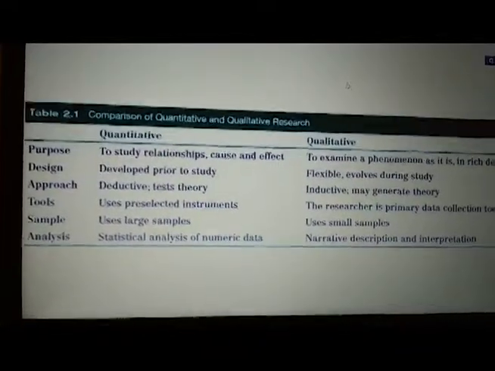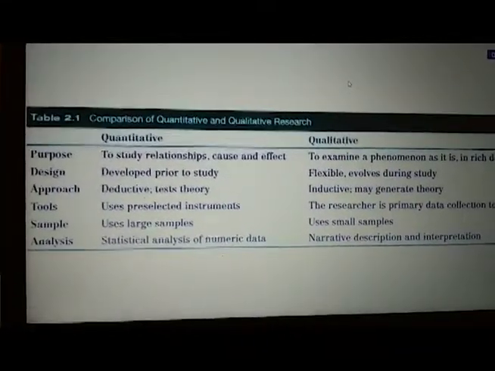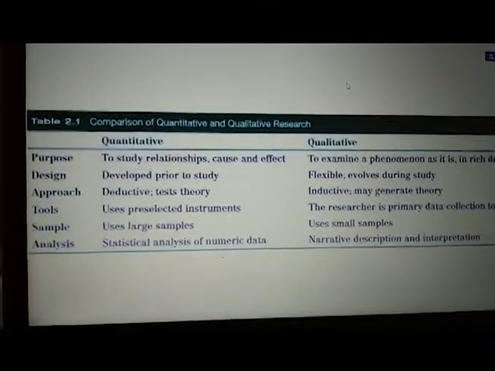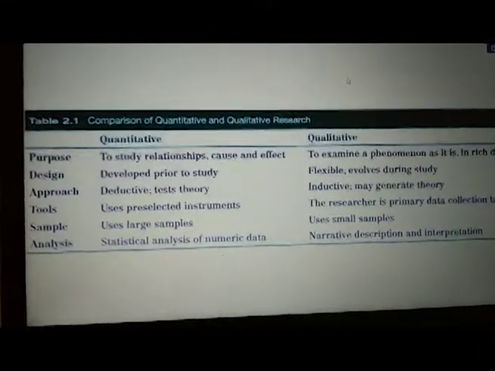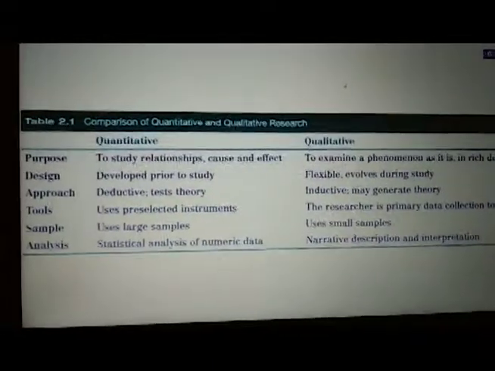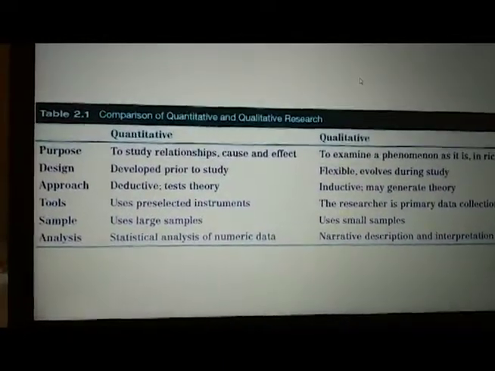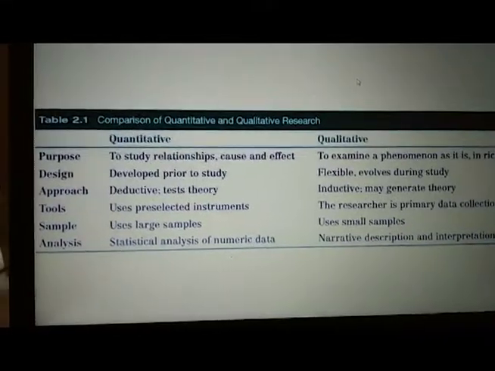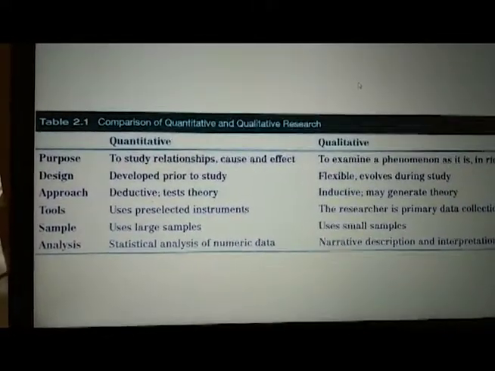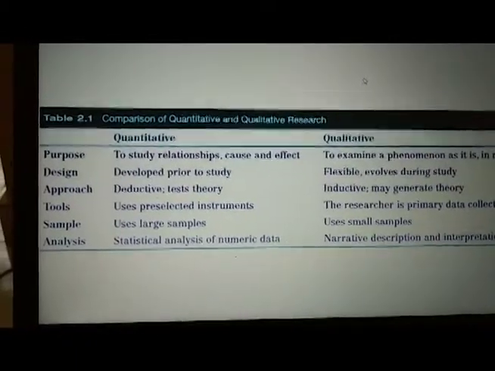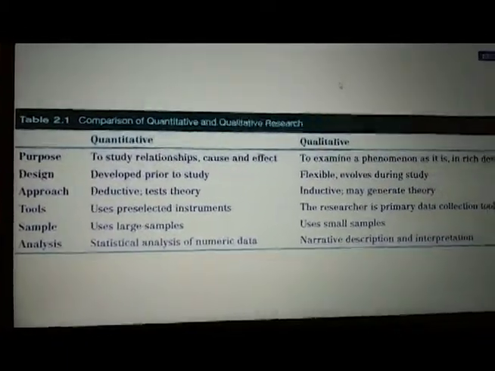So you're using quantitative study if you're doing research on a relationship or on a cause and effect study, while qualitative is mostly about examining a phenomenon, examining a case study.